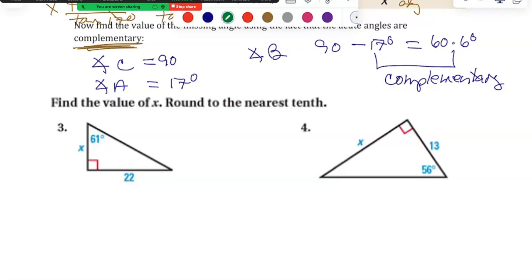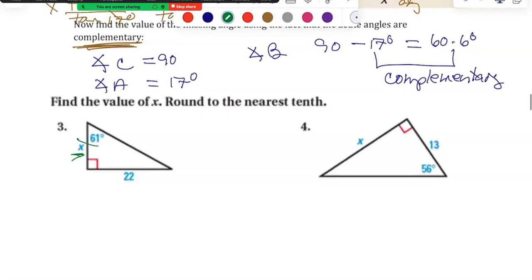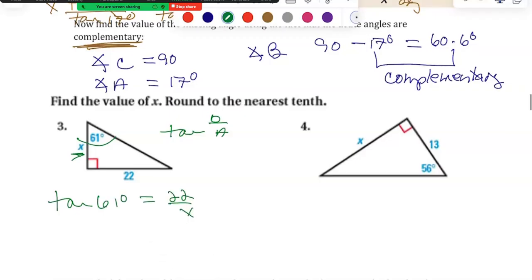Find the value of x. X is a side. I've been given this angle. I can only deal with tan. Remember, tan is opposite over adjacent. So the tan of 61 degrees equals 22 over x. Put this over 1.